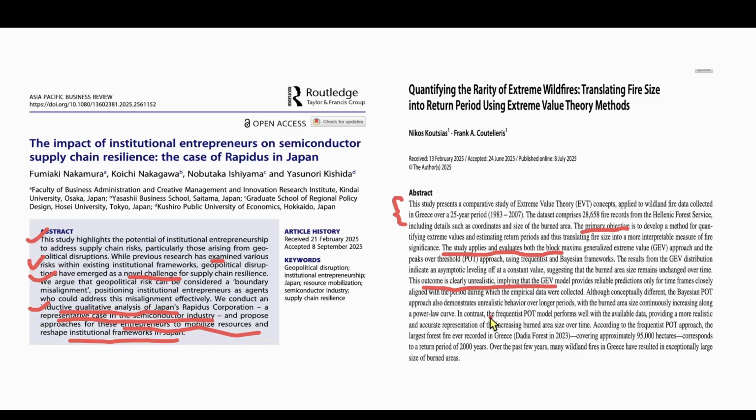There should be a finding. They are highlighting the findings, contrasting some previous works, and then how it is going to create impact. Can we see the same pattern?